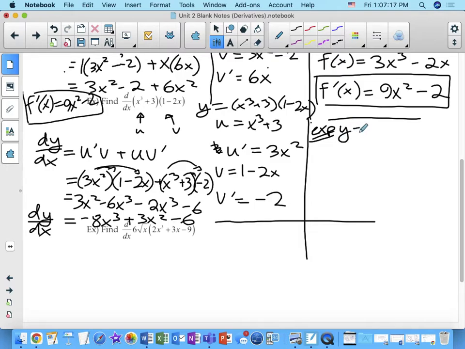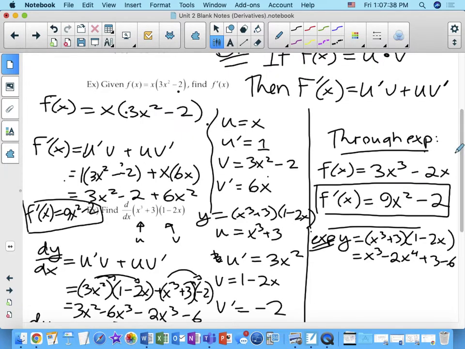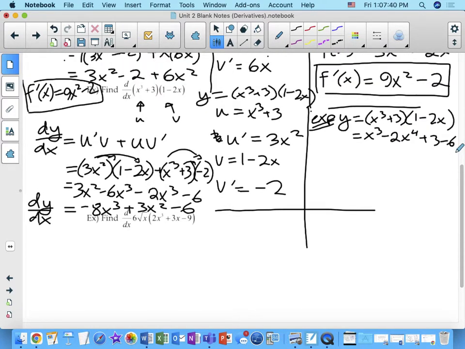If y equals x cubed plus 3 times 1 minus 2x, we're going to get x cubed minus 2x to the 4 plus 3, and then minus 6x. I'm getting really squishy here. Okay, I'm going to squish this in a little bit more.